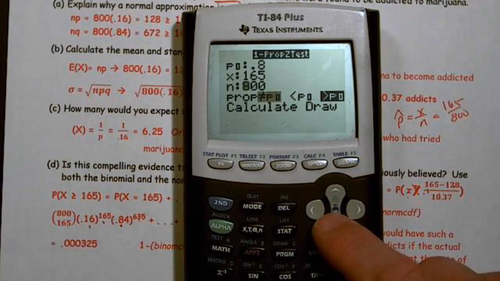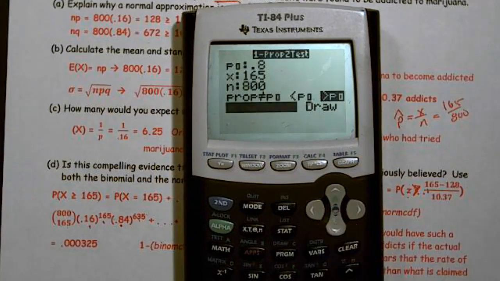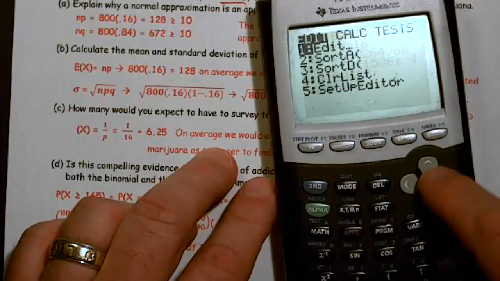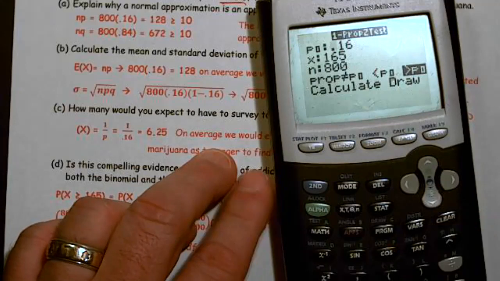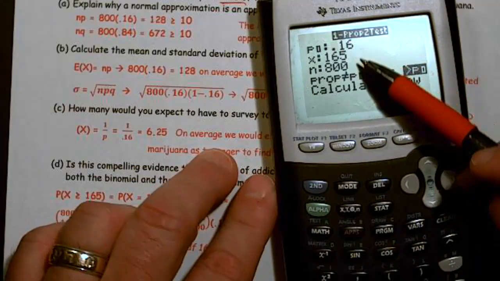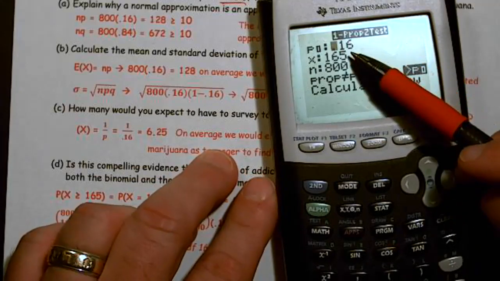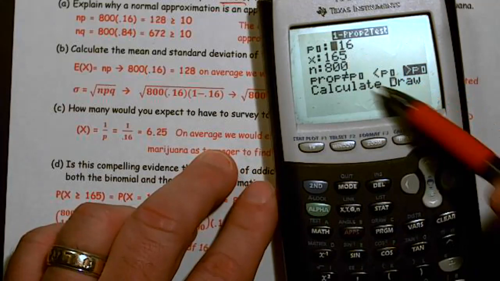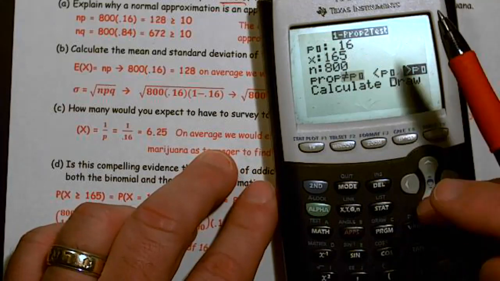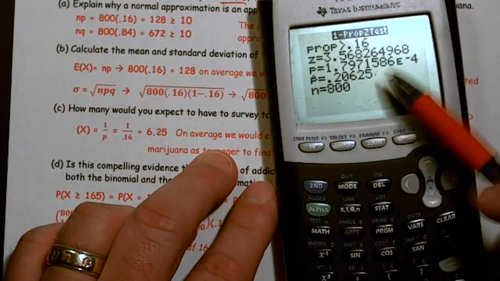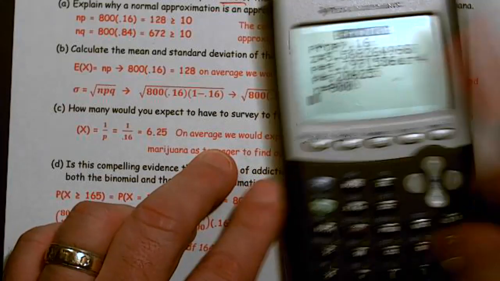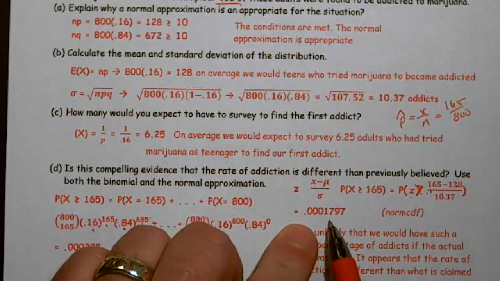I have some sort of error here. It would help if I use the correct proportion. Our claim was 16%. We had a sample size 165, 800, and we want to know the probability. And when we do that, we end up getting 0.01797.